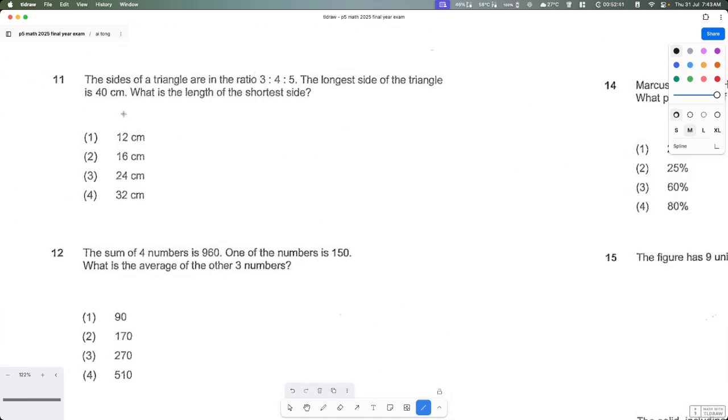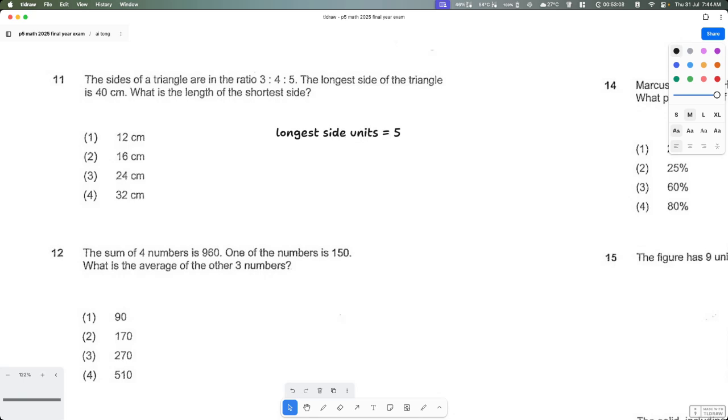Question 11. The sides of a triangle are in the ratio 3, 4, and 5. The longest side of the triangle is 40 centimeter. So what's the shortest side in this case? We have 3, 4, 5. So the longest side in units is equal to 5.